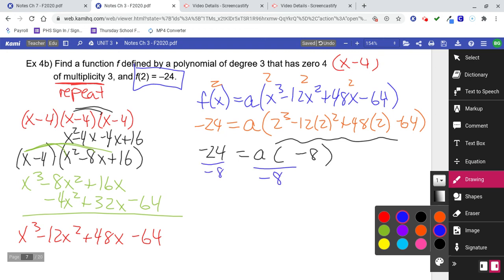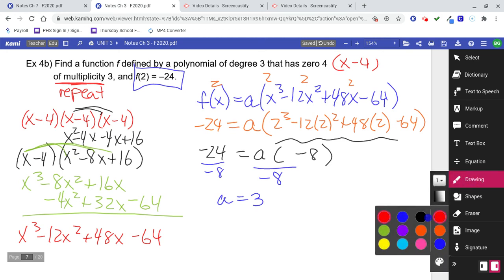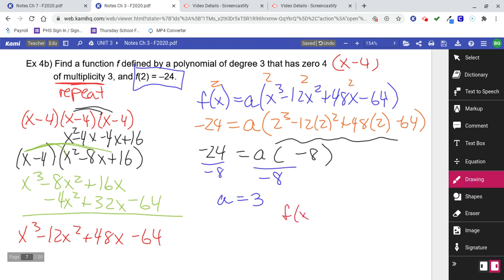We want to isolate the variable, so divide by negative 8, and a equals 3. So that's the coefficient that goes in front of that entire function. F of x equals 3 times that stuff.